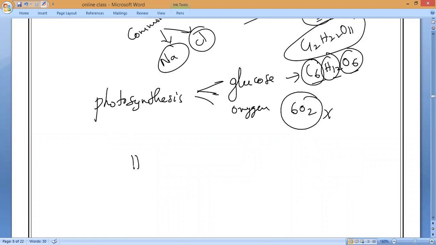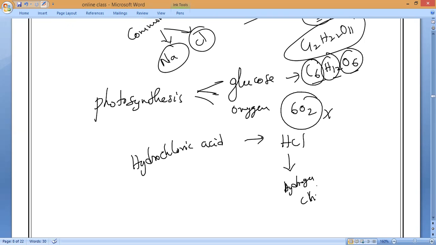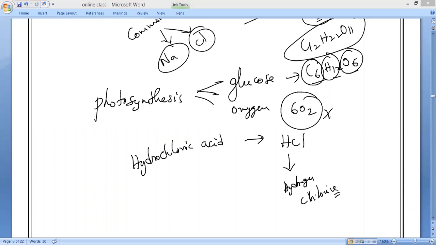Now, if we take hydrochloric acid, HCl, it is made up of hydrogen and as well as chlorine. So like that, most of the substances in our surroundings are made up of two or more elements.